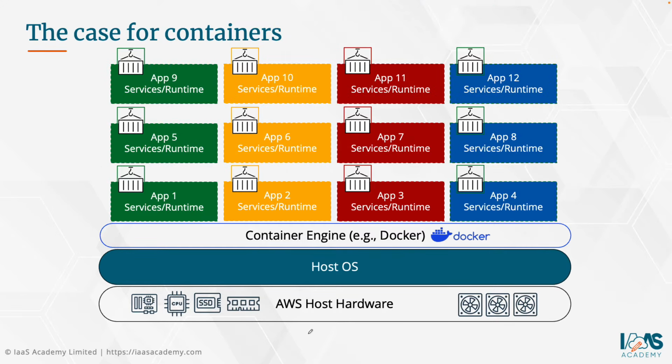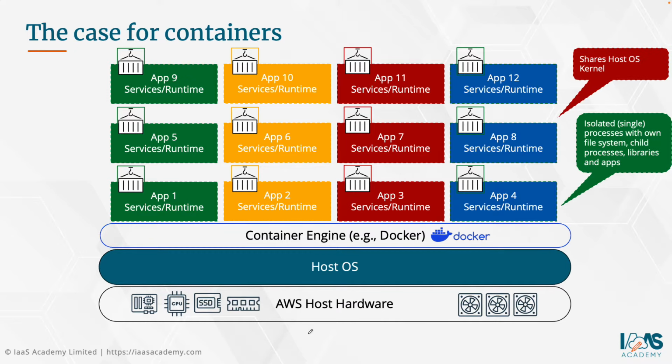And therefore you are able to utilize your hardware resources far more efficiently, be far more sustainable for the environment. These containers are going to share the host OS kernel. They're going to run as isolated single processes with their own file systems, child processes, libraries, and any applications that you wish to run on them.